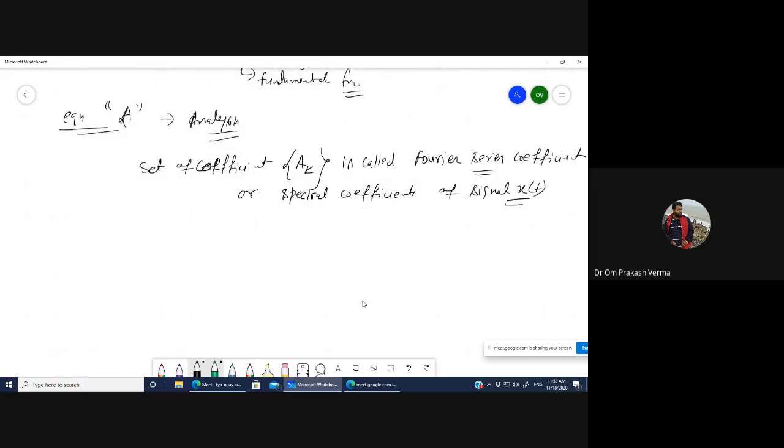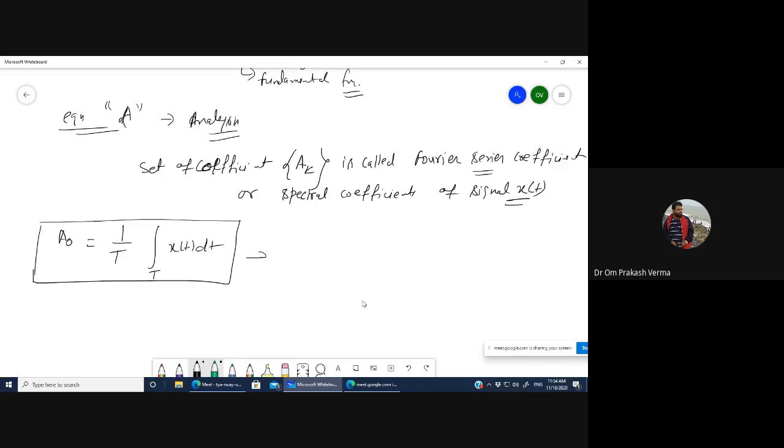One more thing: when k is equal to n, the coefficient a naught is nothing but 1 by T over one period, simply the integral of x(t) dt, so you can find out a naught, no problem.